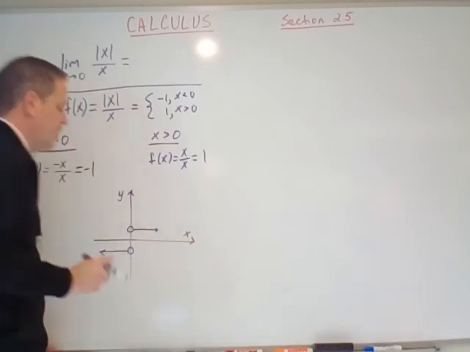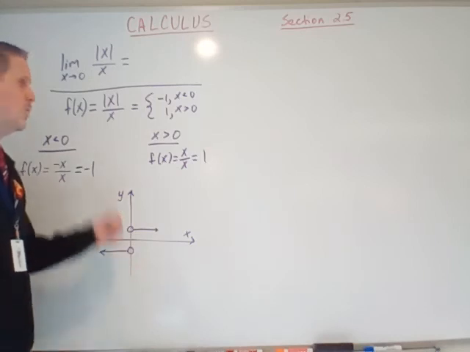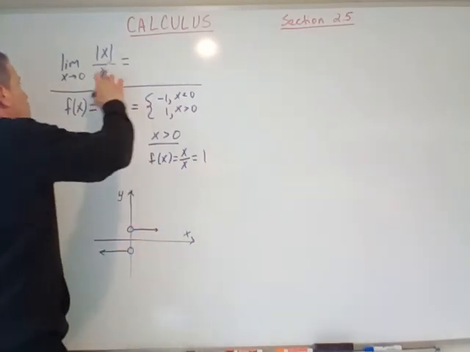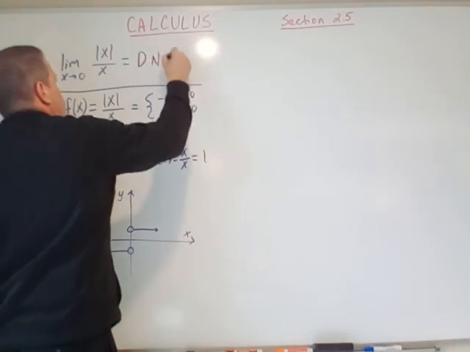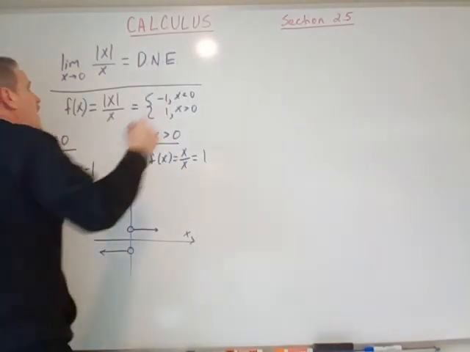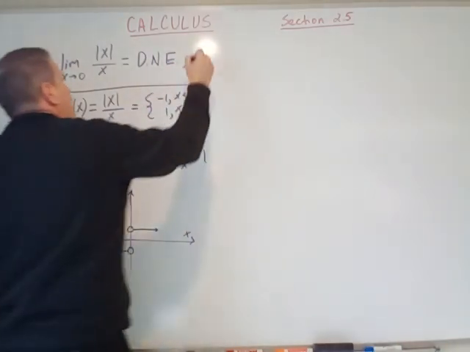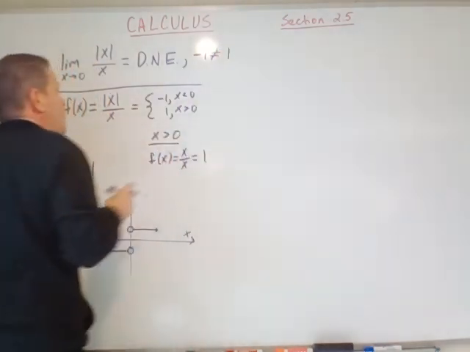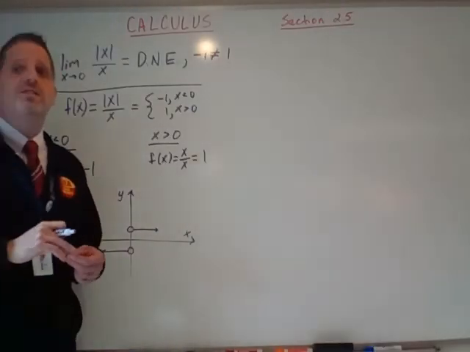Graphically speaking then, we can see that if we were trying to calculate a double side limit here at 0, we've got what's called a jump discontinuity. That tells us then the double side limit does not exist. I'll use DNE to abbreviate that. And I'm going to explain a little bit better that -1 does not equal +1, which tells the reader that we've got a jump discontinuity there at 0.